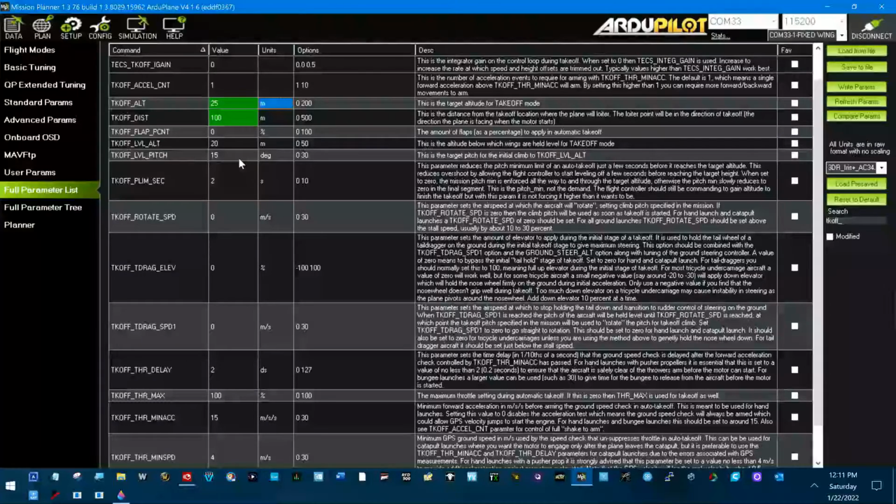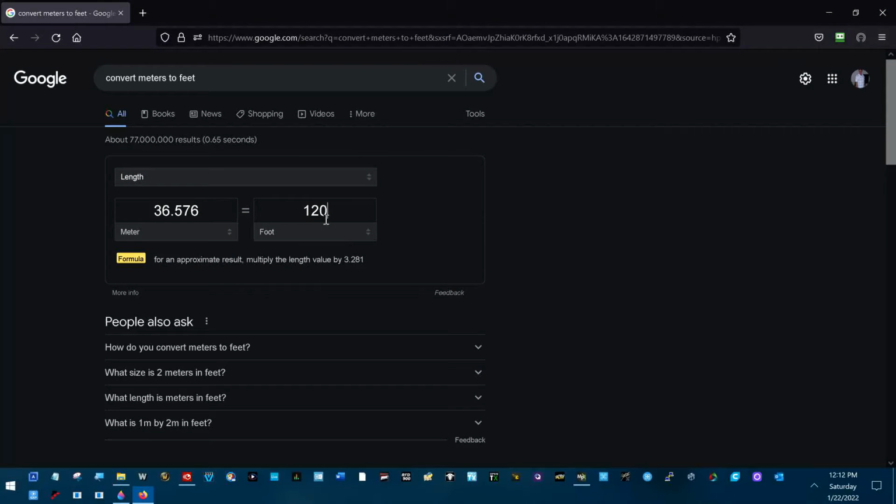So I am going to calculate a different altitude, and 120 feet is what I like for my altitude at that particular field, which is 36.576 meters. I'm just going to convert that to 36.